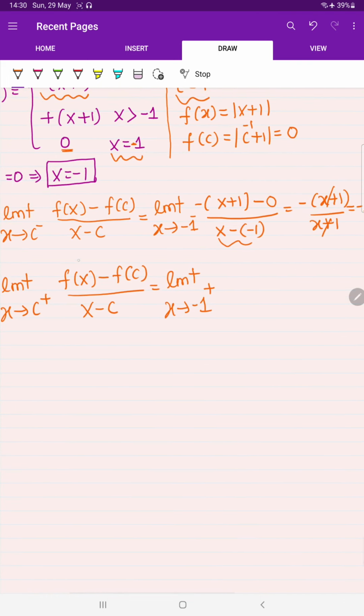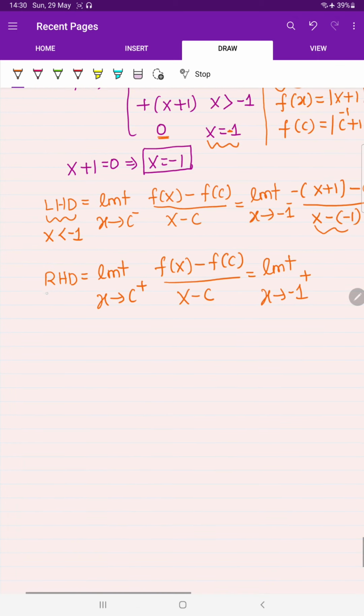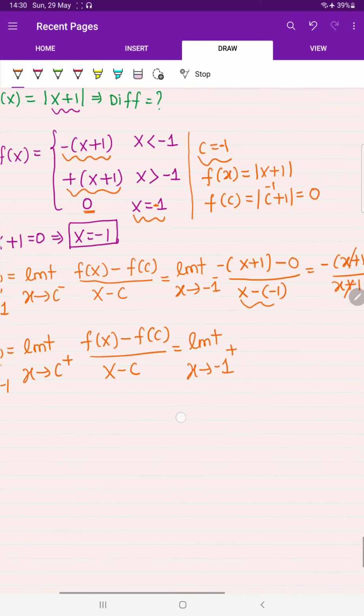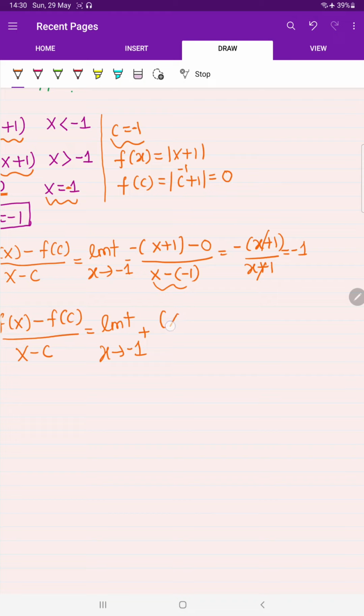After that, in place of f of x, right side means x greater than minus 1. Its corresponding f of x will be plus x plus 1. So I can write x plus 1 minus f of c, whose value is 0, divided by x minus the value of c, which as usual is minus 1, it is fixed. From here I can write the function value as x plus 1 upon x plus 1. It will be cancelled and I am getting plus 1.